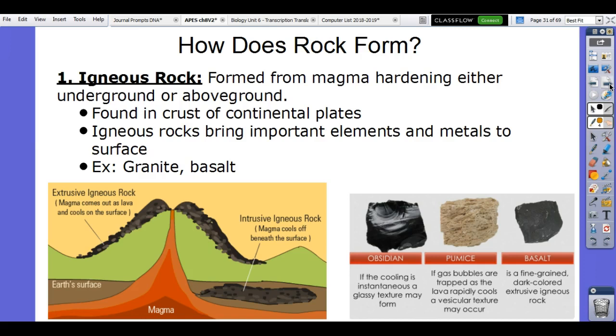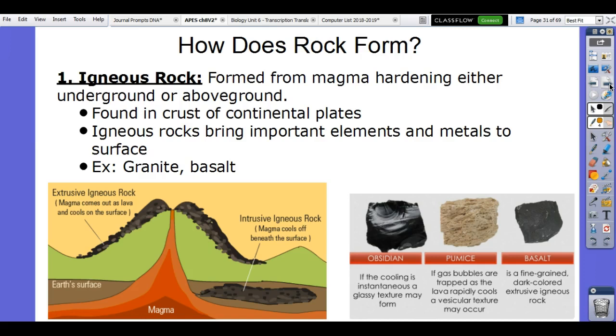As a result, it's found in a lot of the crust because much of our crust was formed from magma cooling. Just like we talked about with seafloor spreading, that magma hardening under the ocean floor. Same thing happens when we get magma rising up to the surface and it is not in an ocean.